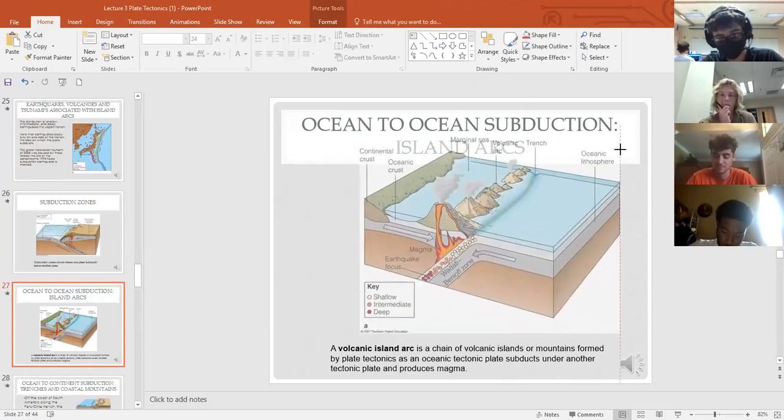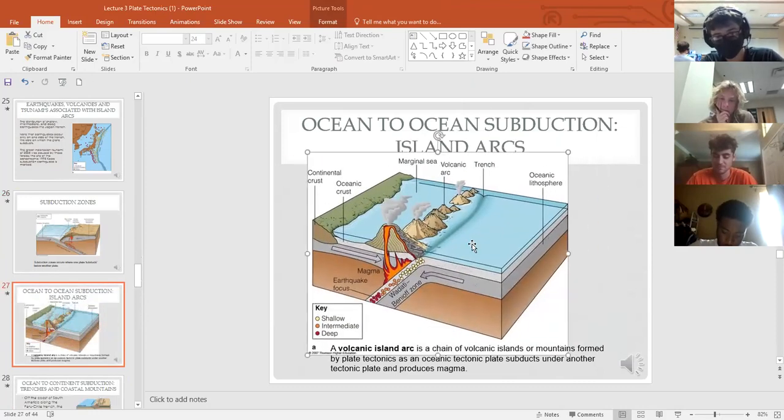Island arcs, we'll focus on the island arc, not just Japan, Caribbean, everything like that. They form with the uplift of ocean to ocean collision. These are basaltic islands, not granitic like you have on the continental. They don't explode, they grow into shield volcanoes.